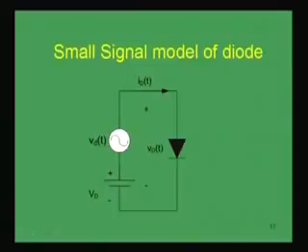So, there are two capacitance effects present in a diode, known as the junction capacitance and the diffusion capacitance. Junction capacitance is related to the space charge region, and a capacitance will be developed in the space charge region when the voltage across this space charge region or depletion region changes.